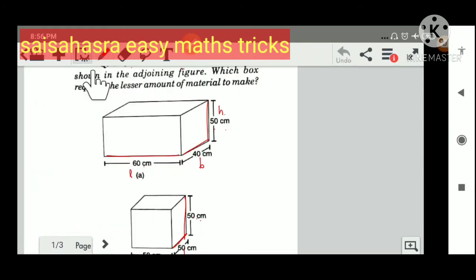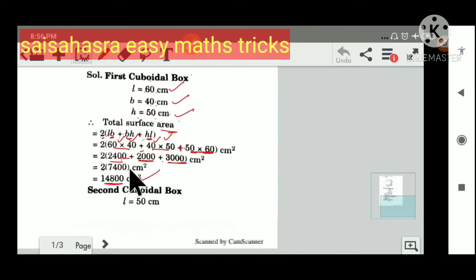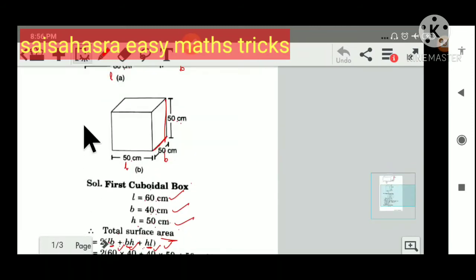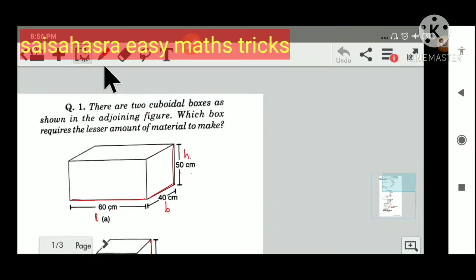For the first cuboidal box, total surface area is 14,800. As per our question, which box requires lesser amount of material? Lesser amount of material means which cuboidal box, either box A or box B, is having lesser total surface area.